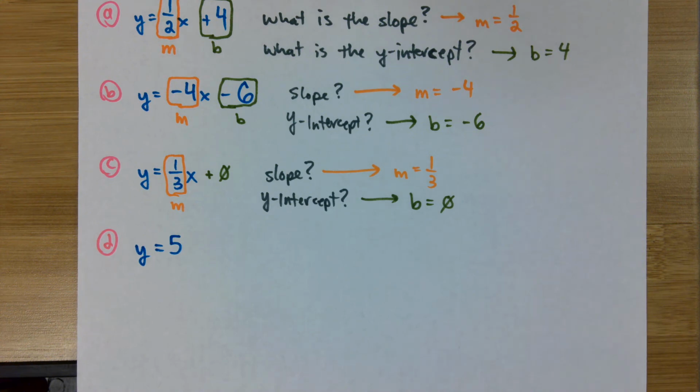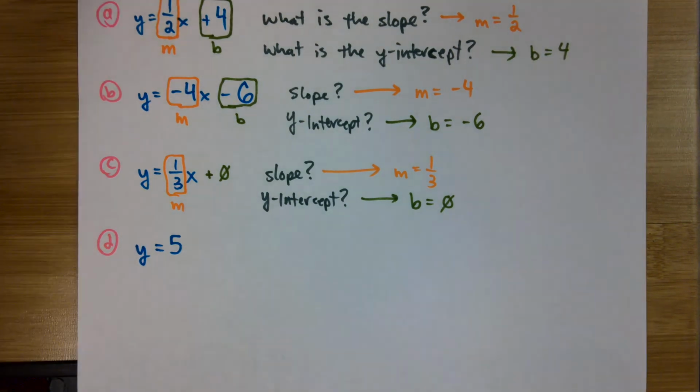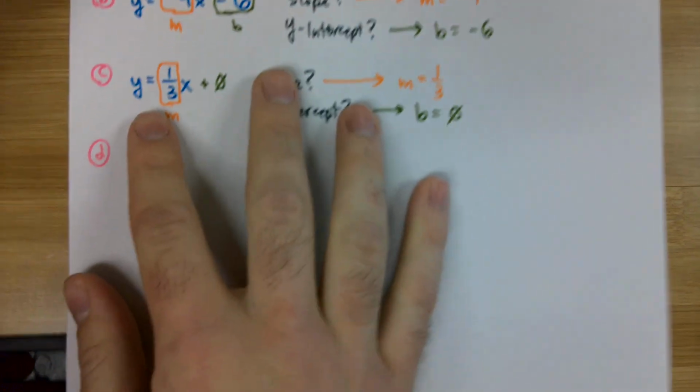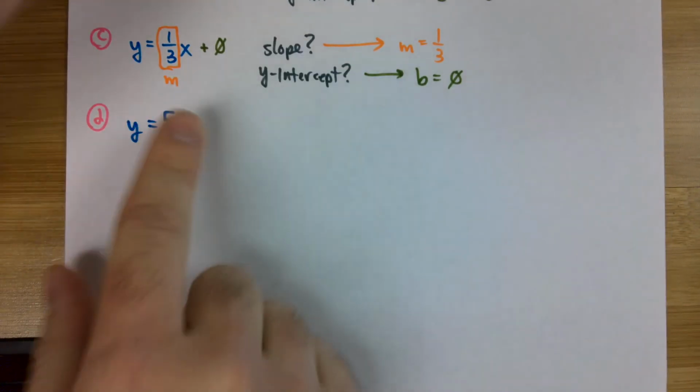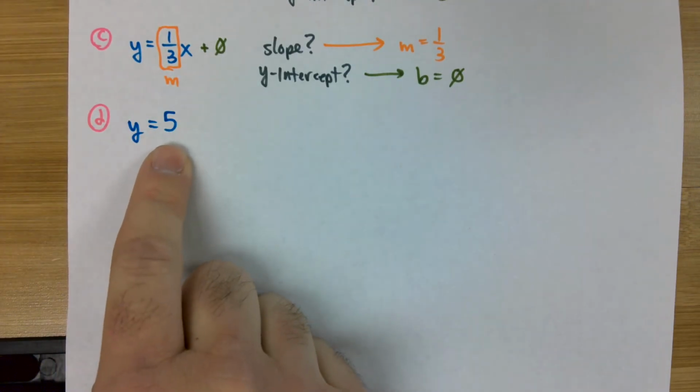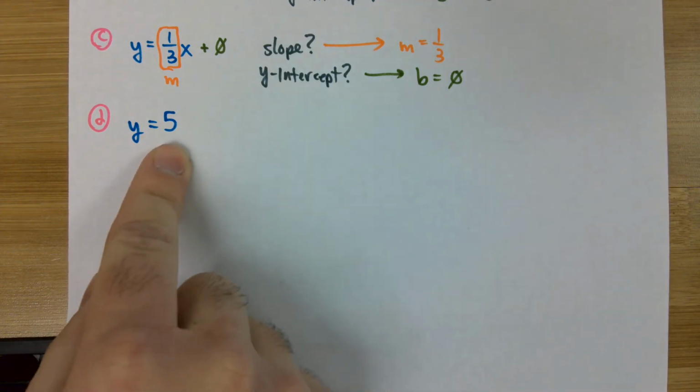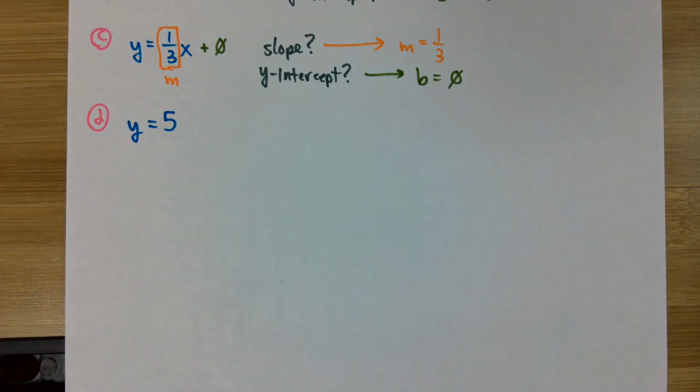Good observation. There is no x. Just y equals a number, right? So this one is a little bit different, but this is still in the linear equation form. It doesn't look like y equals mx plus b, but it is.